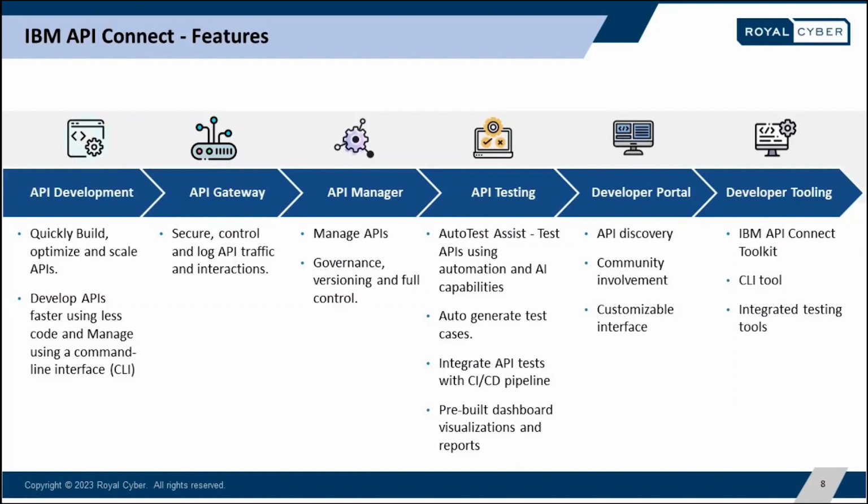These are also the high-level features of API development, or we can say these are all the components that API Connect provides for API development. You can quickly build, optimize, and scale APIs, develop APIs faster using less code, and manage using the command line interface. You can secure your APIs using IBM DataPower as a secure gateway.